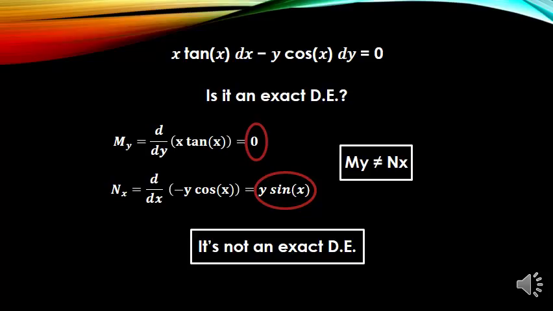In the first part, we have the derivative with respect to y of x tan(x), and in the second part, we have the derivative with respect to x of -y cos(x). Here, both derivatives are different, so it's not an exact differential equation.